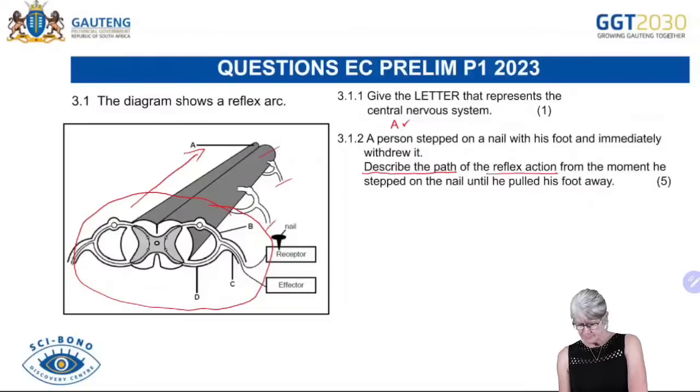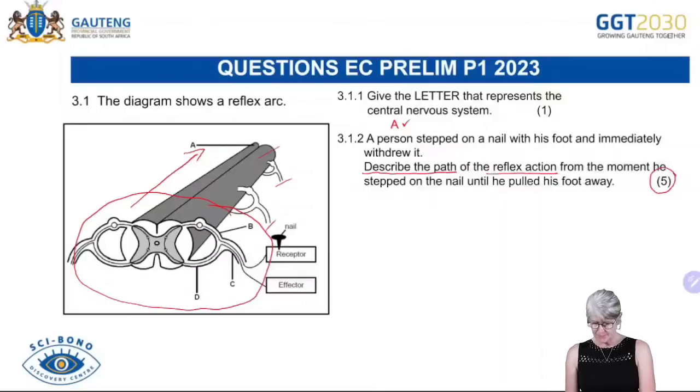Okay, so the reflex action from the moment he stepped on the nail until he pulled his foot away. And have a look, it's worth 5 marks. So I need to actually describe what happens along that pathway.